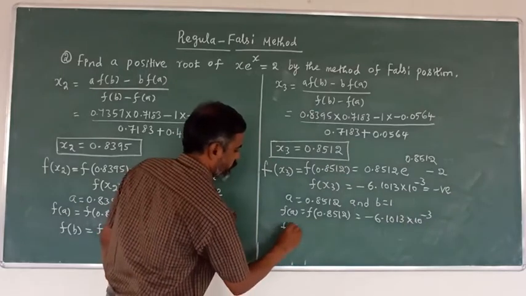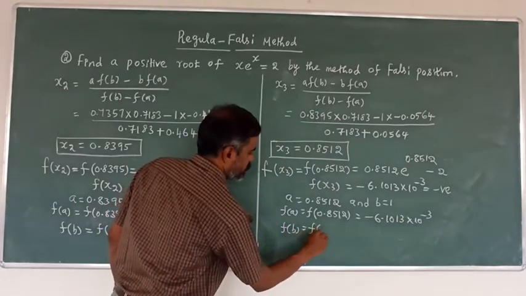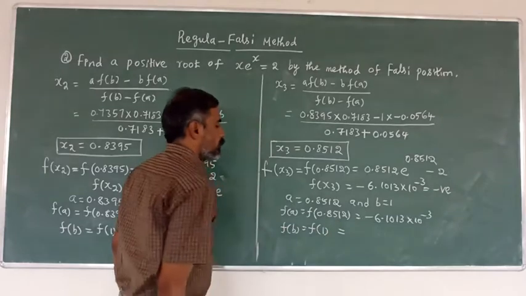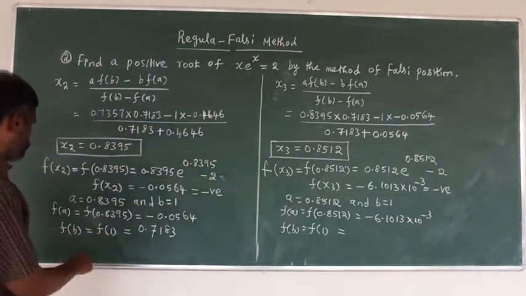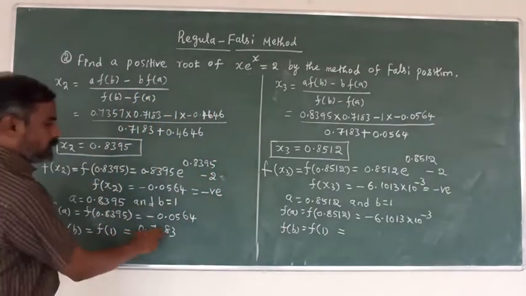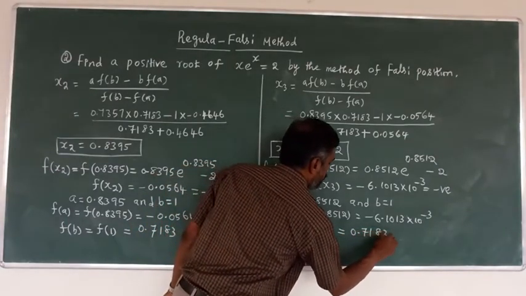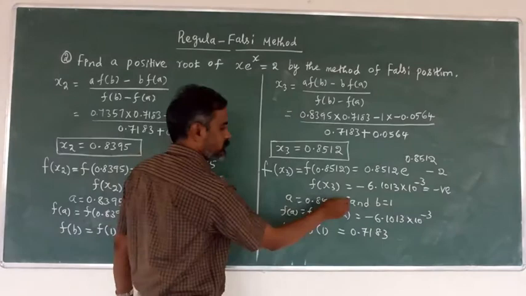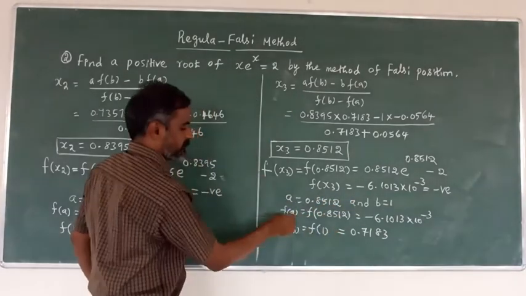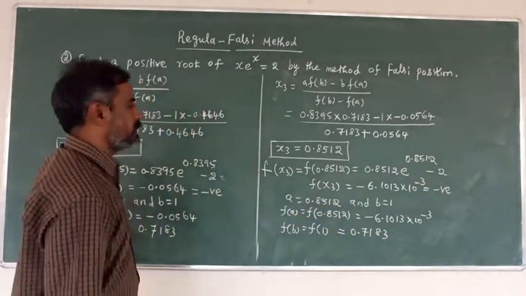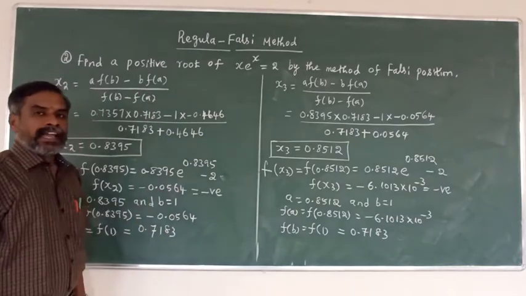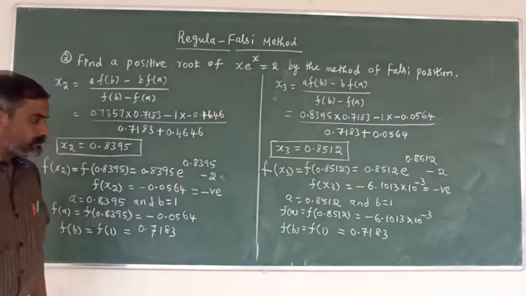Next f of b value 1, f of 1 equal to, we already got 0.7183. Now a value, b value, f of a and f of b to substitute in next iteration x4.